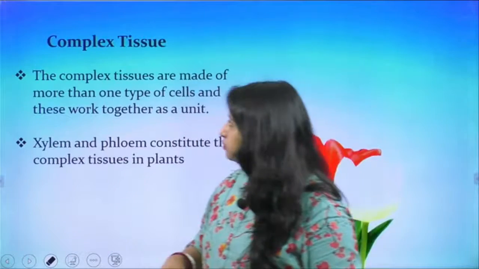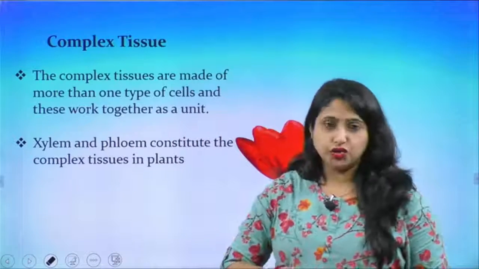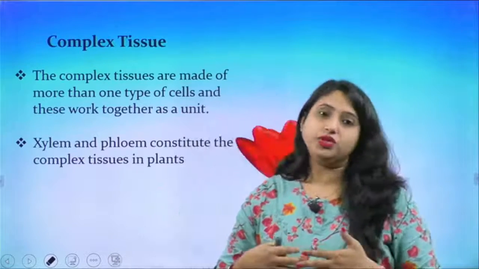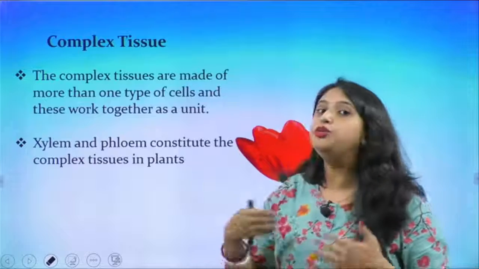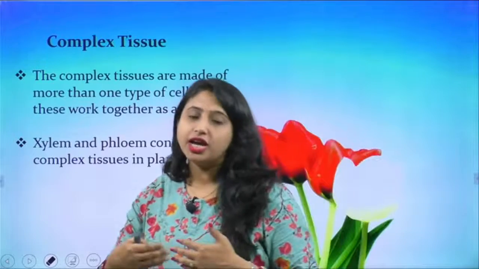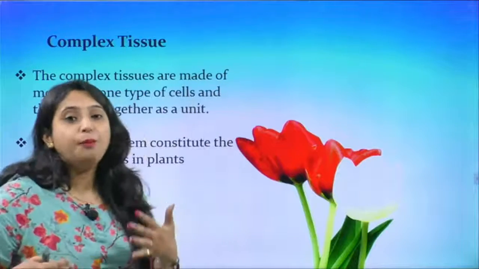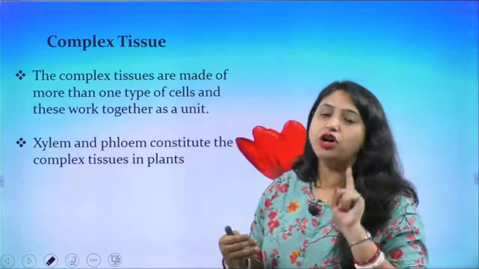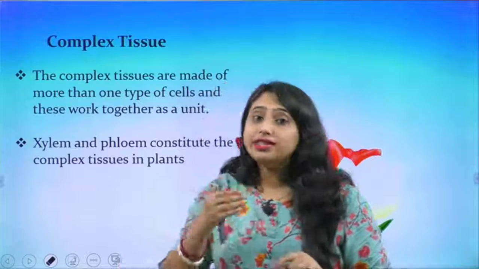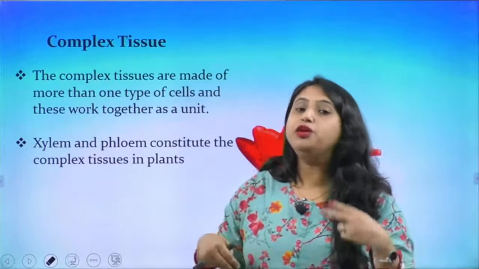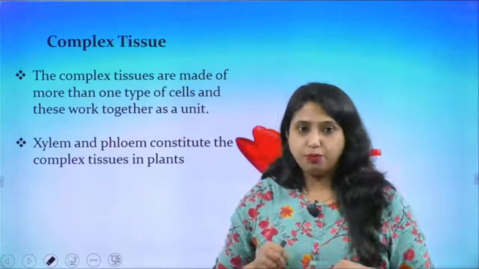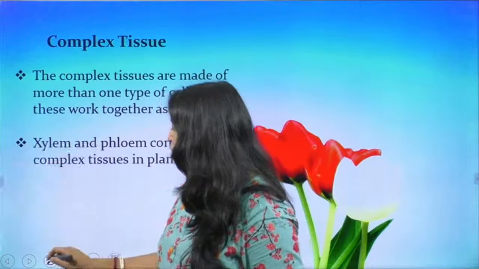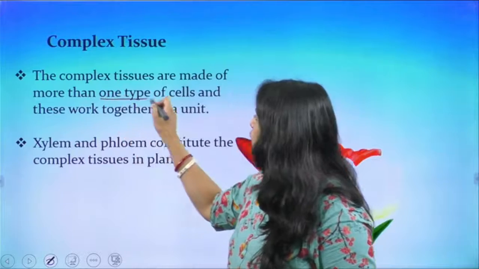What are complex tissues? As you have already studied, complex tissues are the tissues having more than one type of cells. In the simple permanent tissue there is only one type of cell, whereas in the complex tissue there is more than one type of cell.